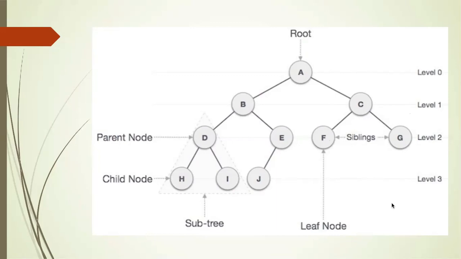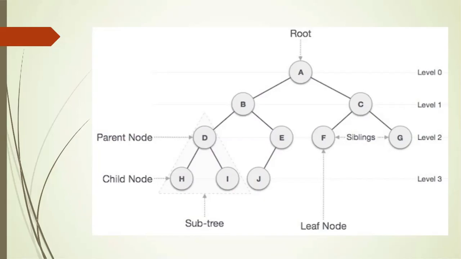After finding the level, you find the maximum height of the tree. How is height measured? Height is measured by the number of levels plus 1. In this case, there are 3 levels, so the height or depth of the tree is 3 plus 1, which is 4. So the height of this tree is 4.